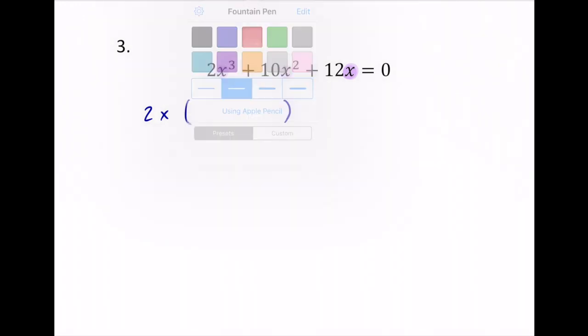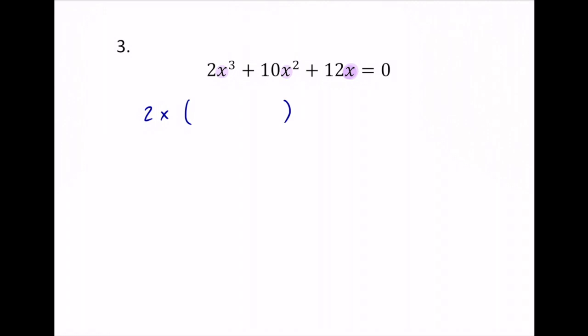So let's write what's left over here. If I have 2x to the third, I factor out a 2 and I factor out an x. What's left over? I have an x squared, because I have 3 x's and I take away 1 of them, and I'm just left with 2 x's. That can be written as x squared.